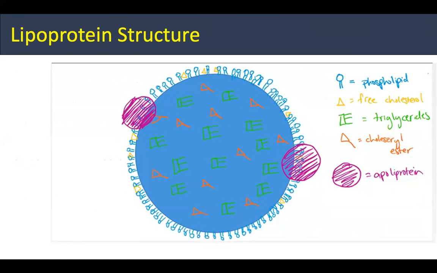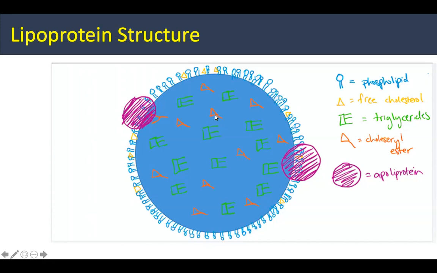What I want you to understand is that there are 2 types of bonds: covalent bonds and non-covalent bonds. Covalent bonds are very, very strong, and they're literally what changes a molecule's structure. So if I add a fatty acid to a cholesterol, I'm adding a covalent bond, and it literally changes the chemical structure of my cholesterol. I no longer call this cholesterol. I call this cholesterol ester.